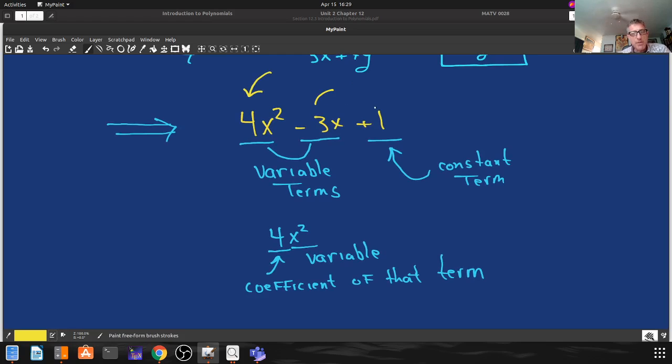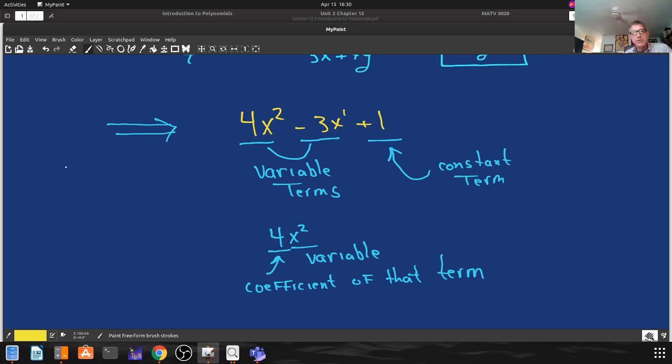So we have almost extracted all of the information we can about this polynomial, except there's one glaring omission. We're not saying anything about the fact that in this term here, x is squared, and in this term here, x is not squared, but rather raised to the power of 1.